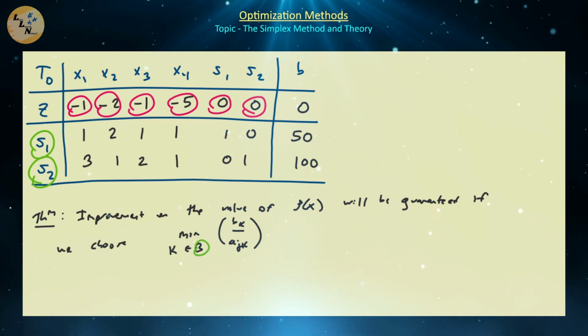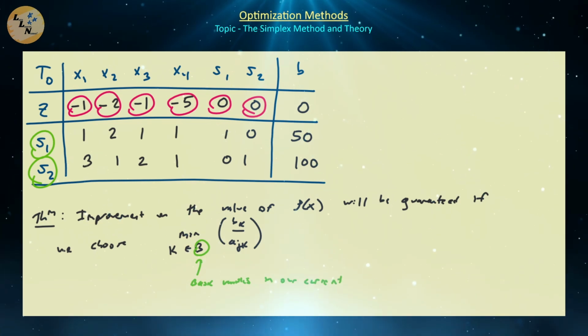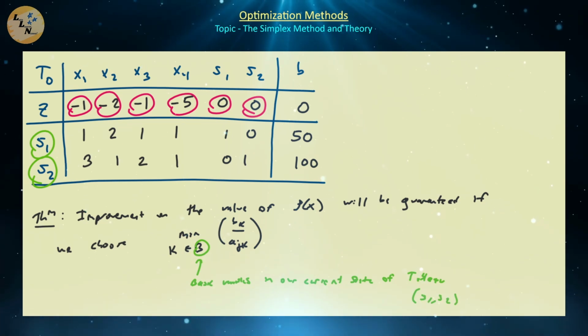And keep in mind, B corresponds to the basic variables in our current state of our Tableau. In our case, that's going to be equal to S1 and S2 for our particular example.